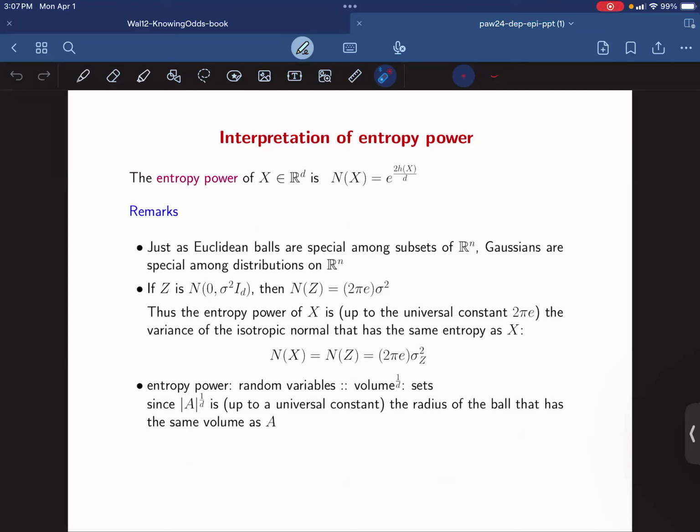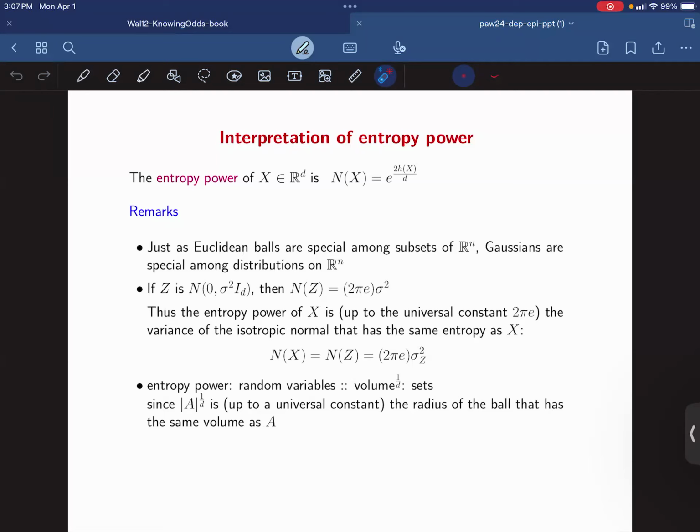So why is entropy power useful? This seems like an odd functional of entropy to consider, but it's useful because it plays the same role in probability as the functional volume to the 1/d plays in convex geometry, right?